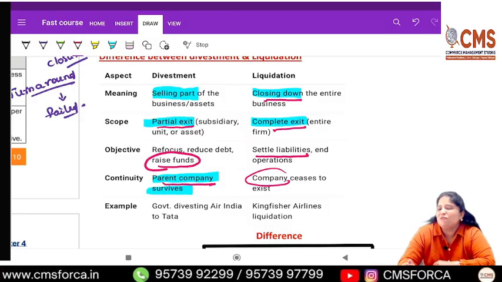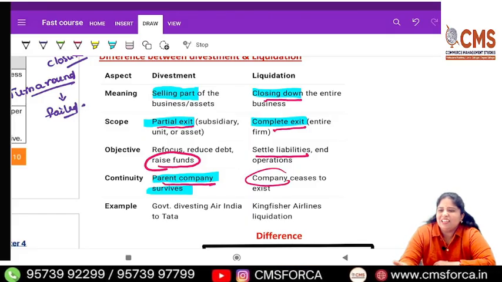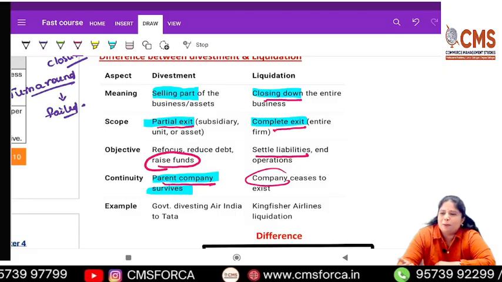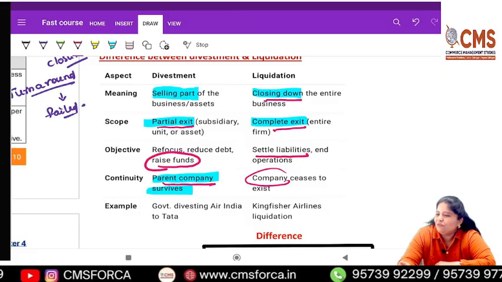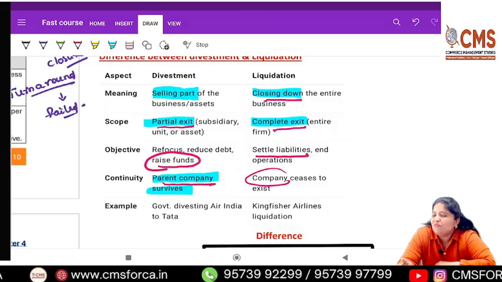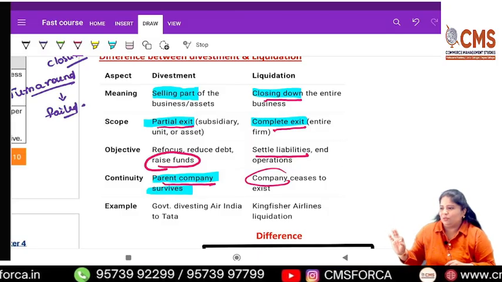What are the types of concentric diversification? Horizontal, vertical. Vertical comes in forward and backward. After concentric, we discussed, okay, and then we spoke of innovation. Done. That is internal growth.